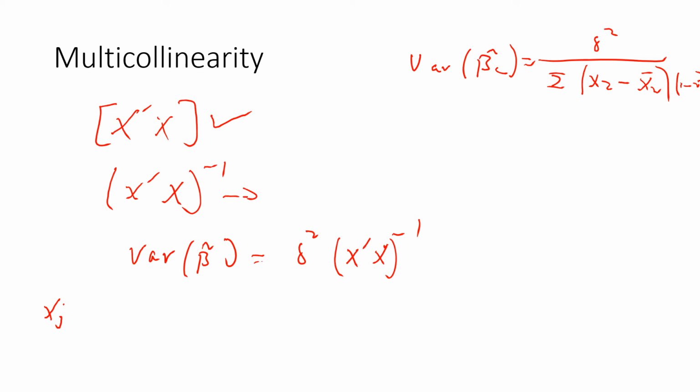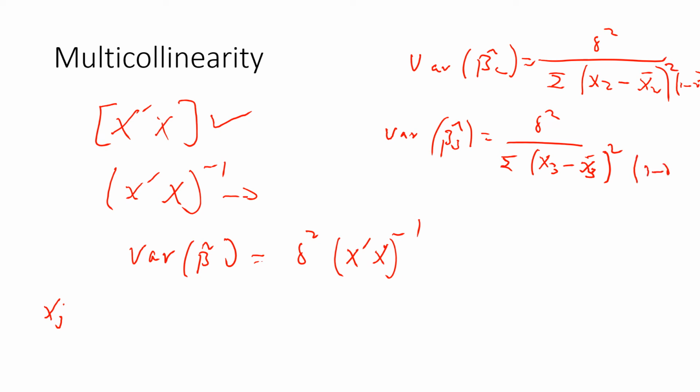And the variance of beta 3 hat is equal to sigma square over the summation of x3 minus x3 bar, squared, into 1 minus r square.